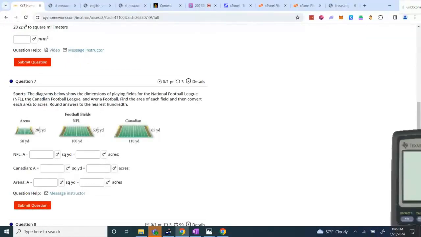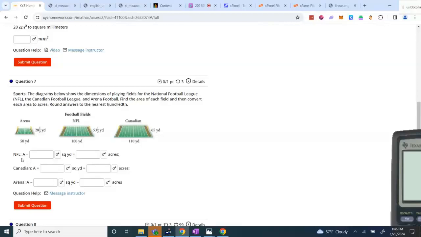The diagram below shows the dimensions of the playing fields for the National Football League, the NFL, the Canadian Football League, and the Arena Football. Find the area of each, and then convert each area to acres, and then round to the nearest hundredths.